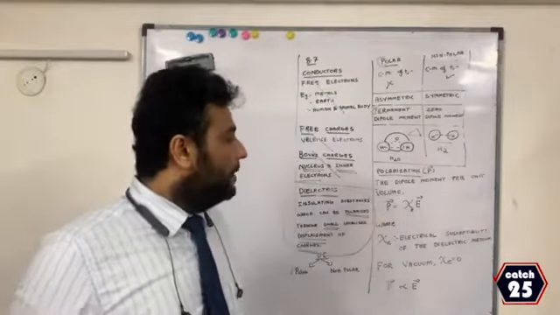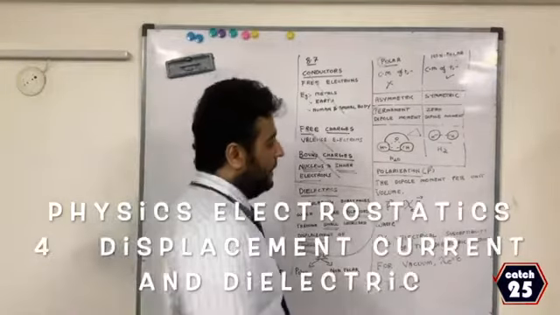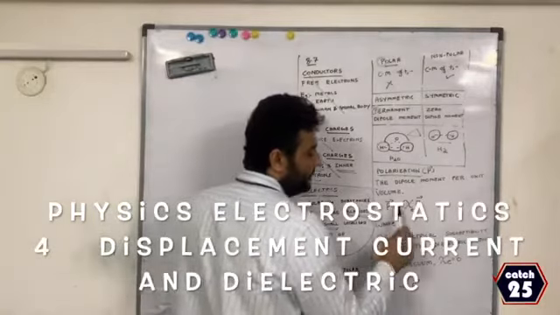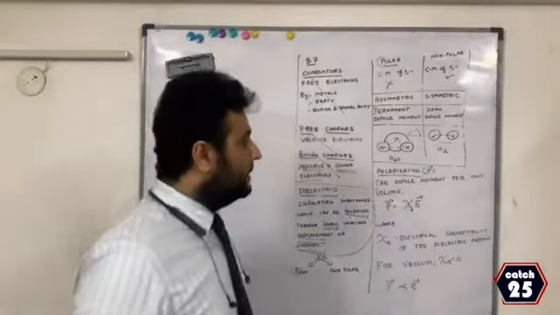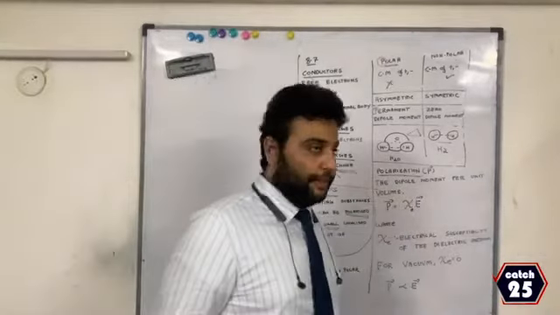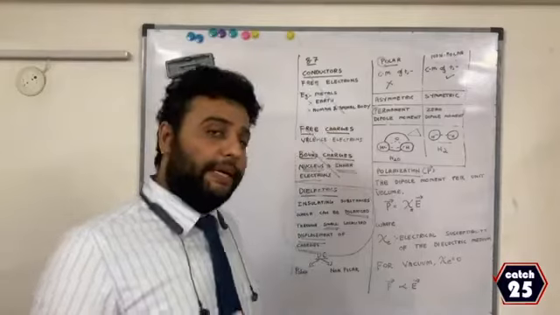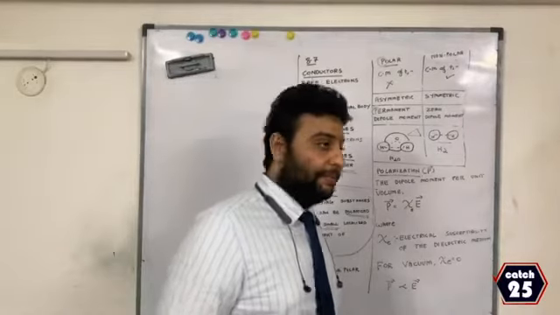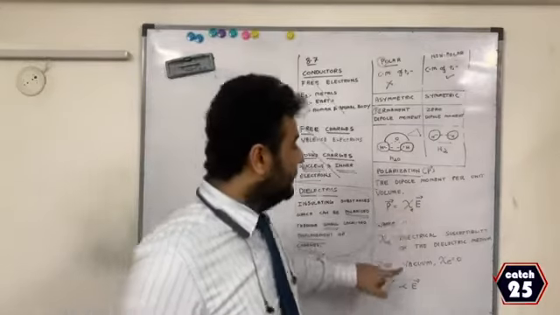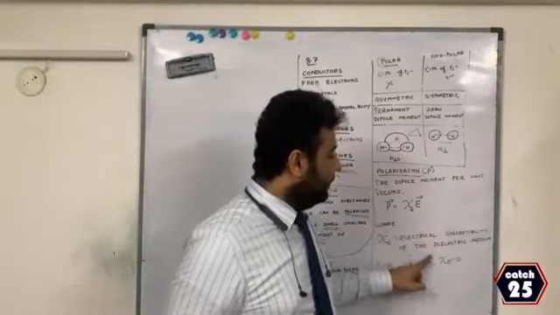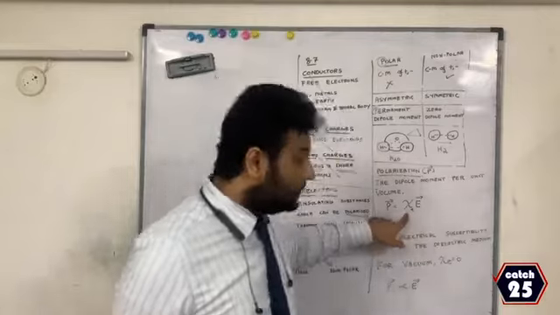The formula for polarization is P vector equals xi e times E. This Greek letter xi is susceptibility. Even in magnetism you have susceptibility, but over here you have xi e, which means it is the electrical susceptibility of the dielectric medium, which is a constant.